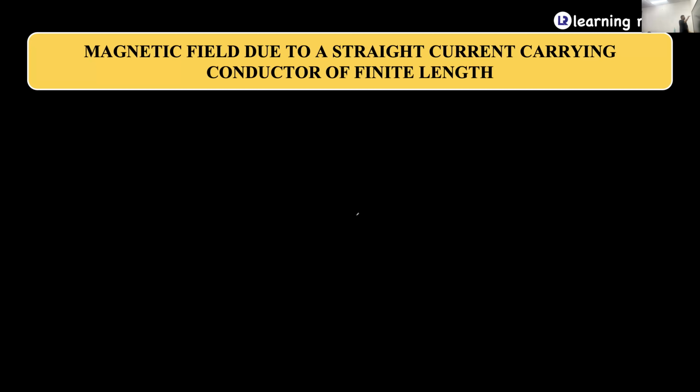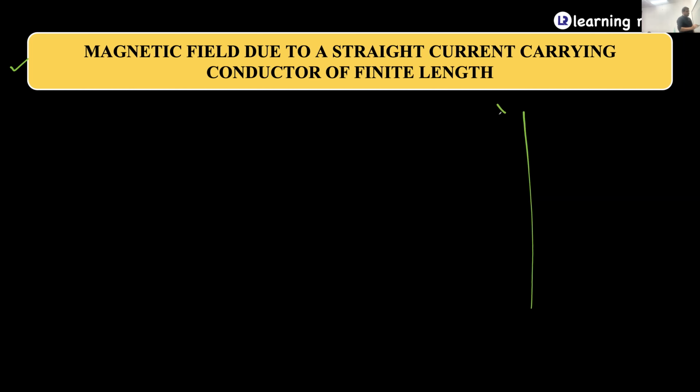So the topic we are going to see is magnetic field due to a straight current carrying conductor of finite length, right? So this is one of the applications of Biot-Savart law. Here, what I'm going to do is we will consider a straight current carrying conductor of finite length.